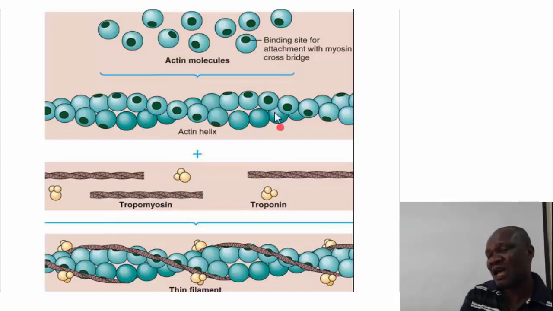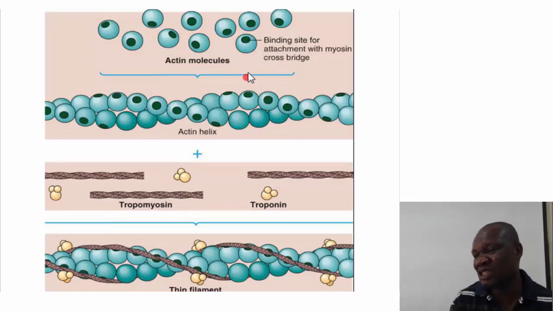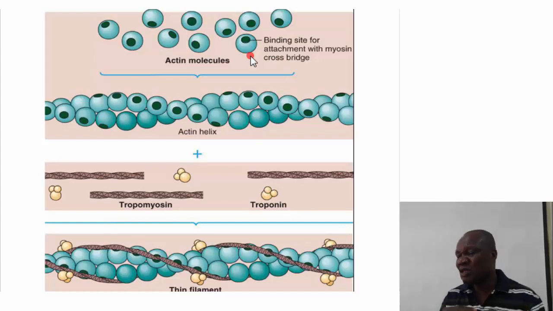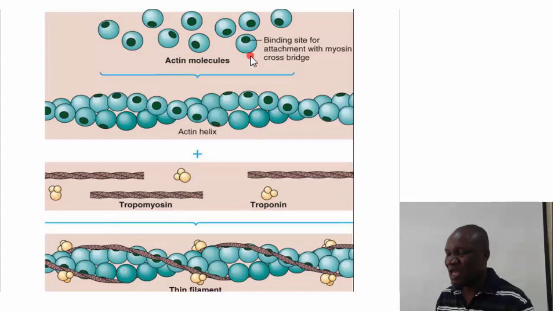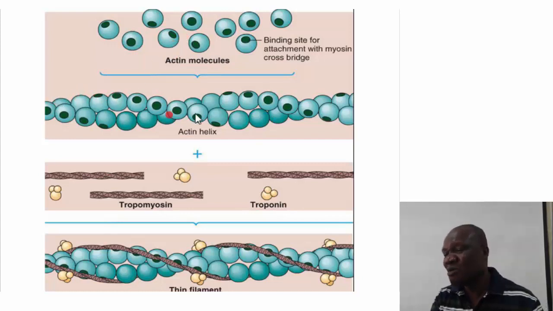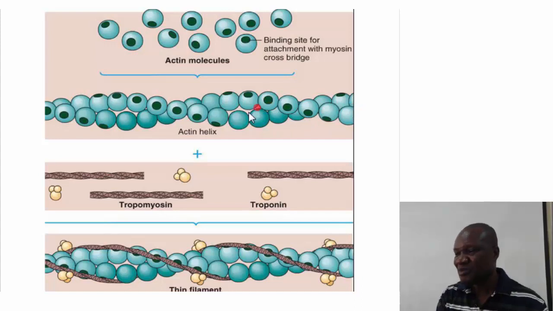The actin filament, which constitutes the thin filament, is made up of spherical proteins. These spherical proteins get together to form a chain, just like a rosary, which is made up of beads strung together.